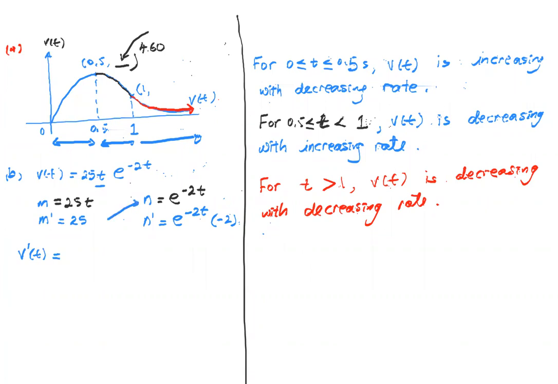Cross multiply and plus, that is how I remember; that will be the easiest. So it will be e to the power of negative 2t times 25, plus 25t times e to the power negative 2t times negative 2.